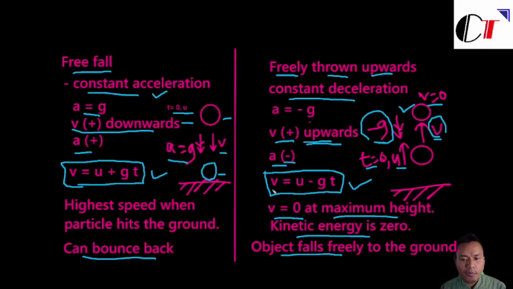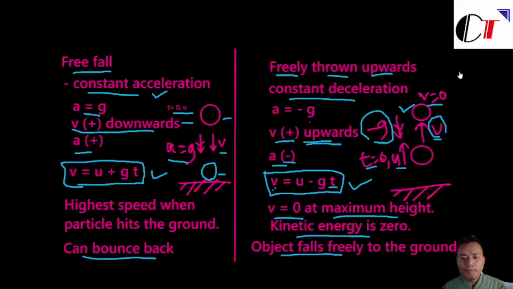Looking at this equation, you can see clearly that after a certain time t, your object will have zero velocity, and the kinetic energy will be zero. There is not enough energy to move further, so the object attains its maximum height and then falls back to the ground freely.